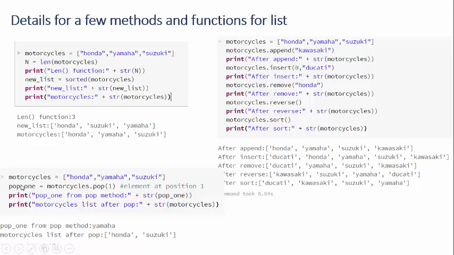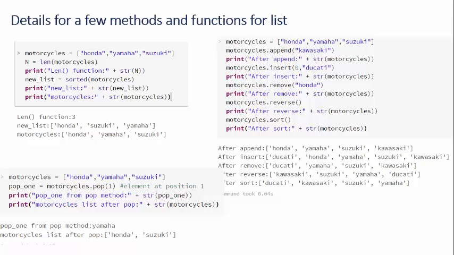So the pop method basically does two operations. One is to remove the element from the list at the specified index, and the second is to save the removed element into another variable.